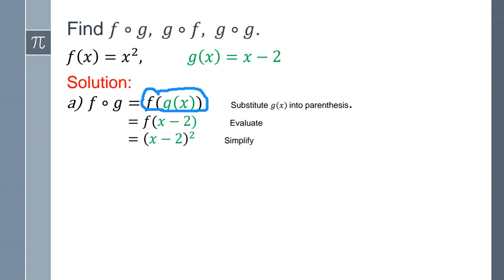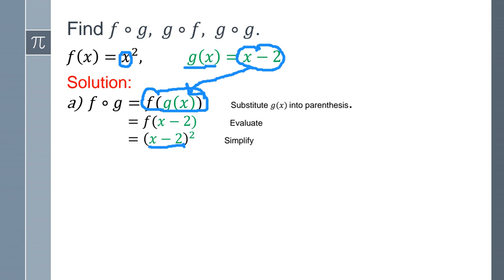So all I'm doing here is plugging in x minus 2 for g of x. Then I go to my f function, and plug in x minus 2 for every x, which I just did right here. And then to square it, it's going to be x minus 2 squared.